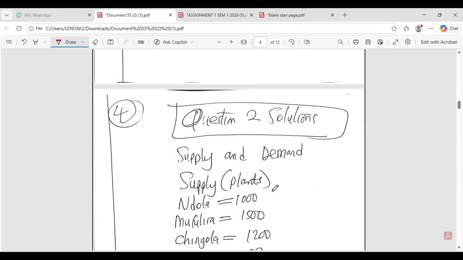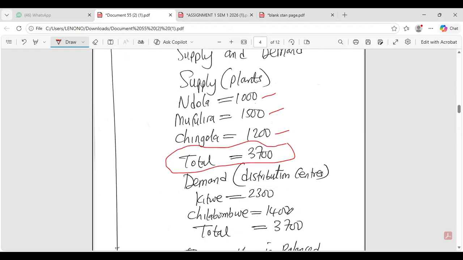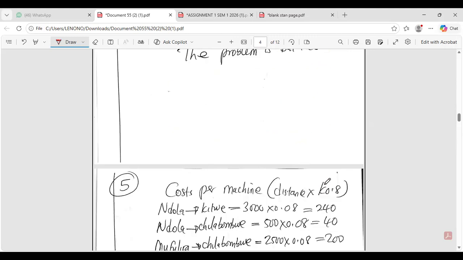So we have the supply and demand. Supply from the plants totals 37, and the demands from Kitwe and Chilabombwe are also giving us the 37. The problem is balanced.